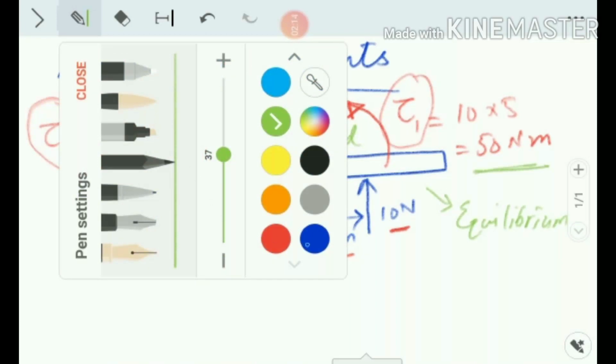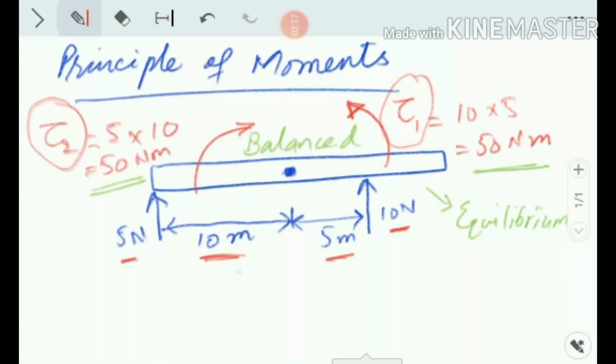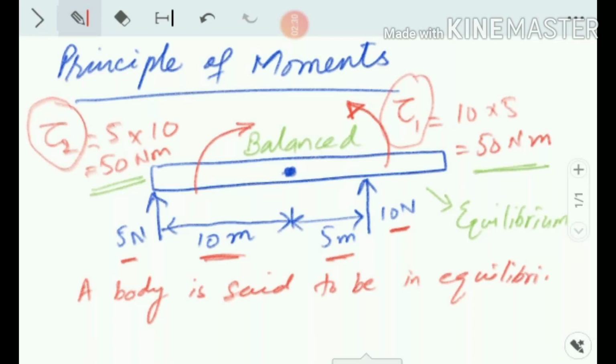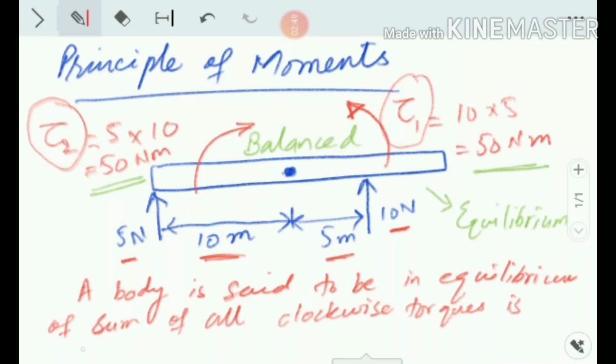So this is how the principle of moments is stated, that a body is said to be in equilibrium if sum of all clockwise torques is equal to sum of all anti-clockwise torques.